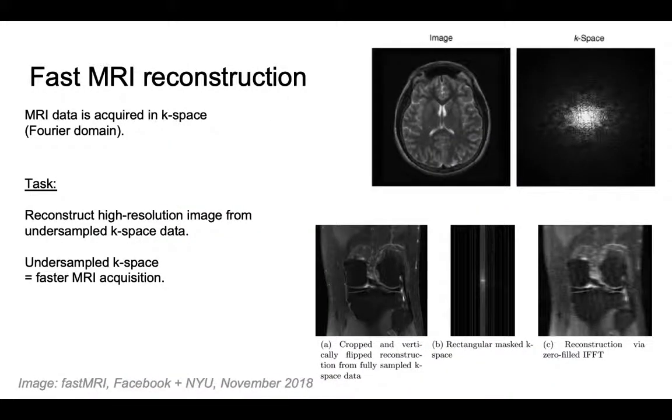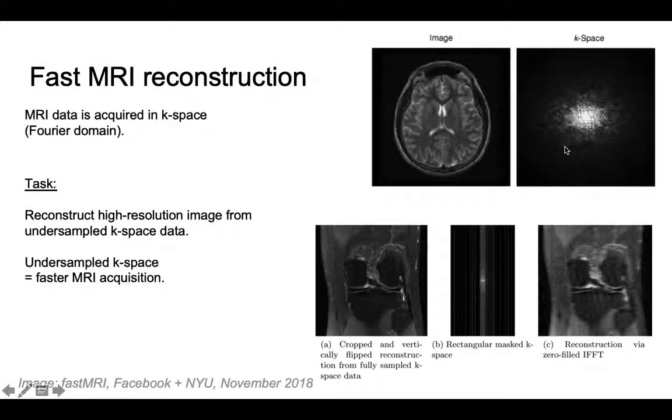Another example is fast MRI reconstruction. We also saw how aliasing artifacts occur in MRI. In MRI you acquire the k-space data, by which I mean the Fourier space data. You acquire all the frequencies and phases at every point in the frequency domain, and most of the time is consumed because you have to acquire the whole frequency space.